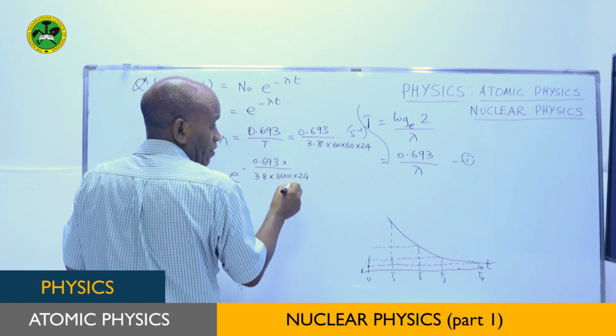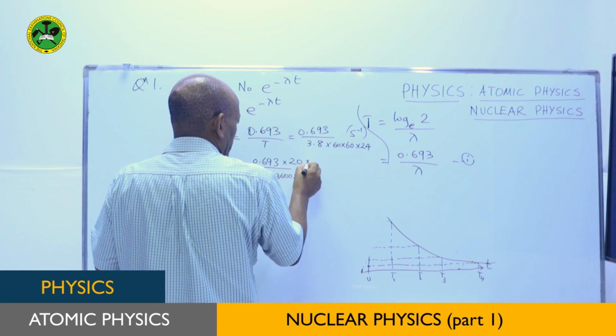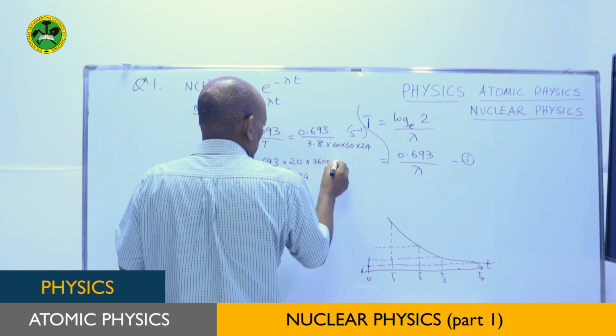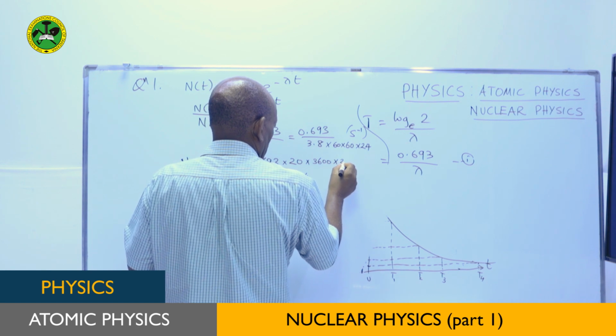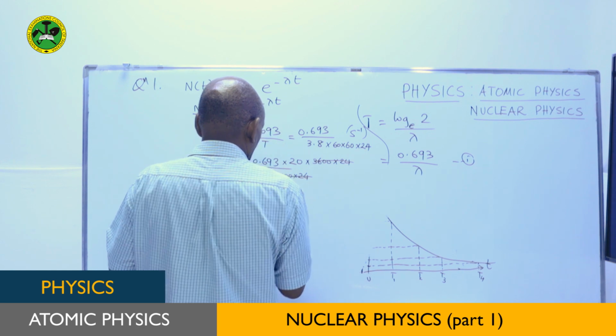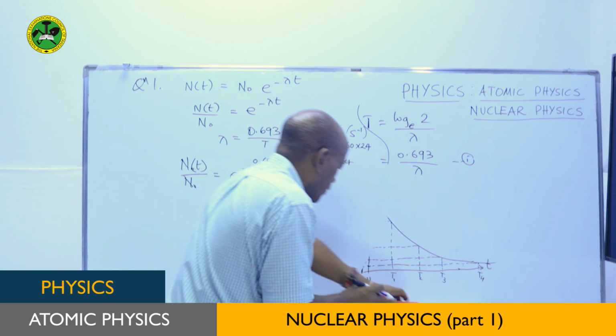Now t is 20 days, so we take 20 and multiply by 3600 times 24, so that the whole of this cancels with that one. So we are just remaining with that, and we can compute for this.